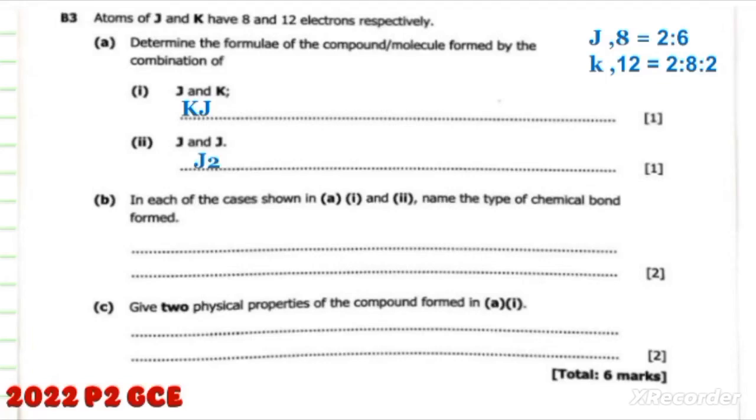And when 2 J's combine they will form a molecule or covalent compound. So I'll give detailed knowledge about the covalent compound in the next video. For now, let us stick to ionic compounds or ionic bonding.